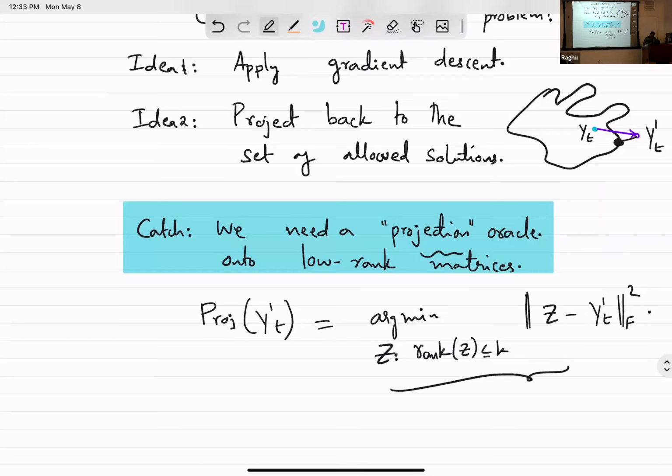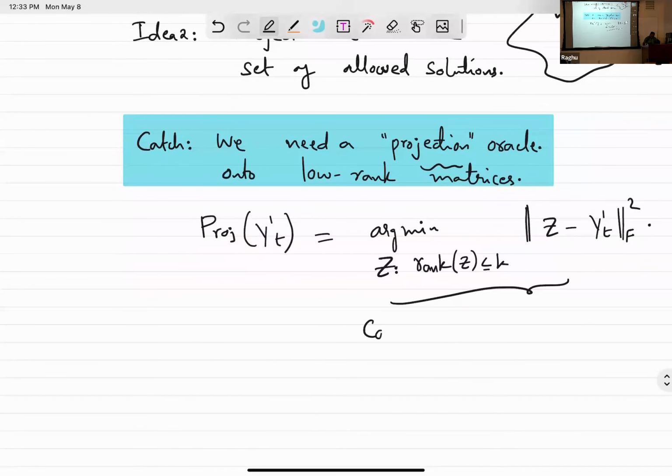We can do this by SVD. So even though it's a non-convex set, we have this strange coincidence that we can compute the projection by SVD. So you can combine gradient descent with SVD to get a reasonable approach for matrix completion.